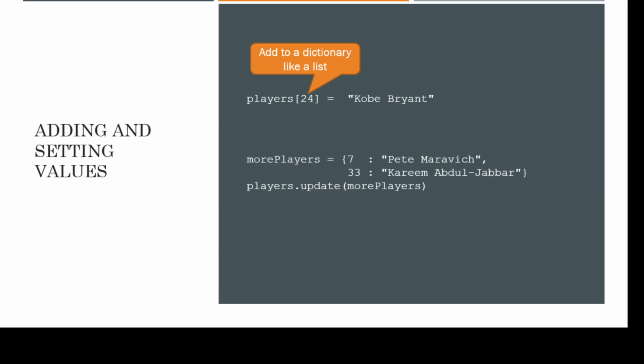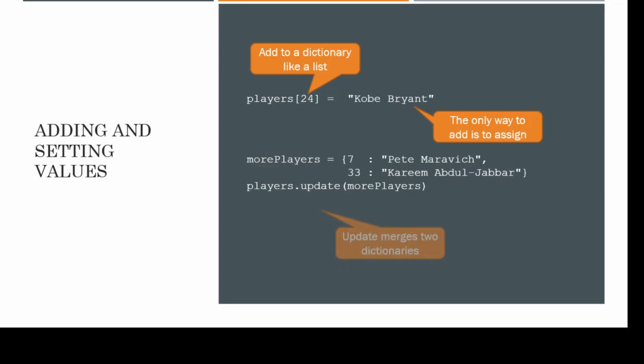So the only way to add one is to assign, but I can do an update to do more than one. But it has to be coming from a dictionary. I can't do an update with a bare key value pair. I've got to at least put it inside of another dictionary, and then it blends the dictionaries like this. I could do a dictionary of one and do an update with that, but it's just as easy to use the syntax up top.